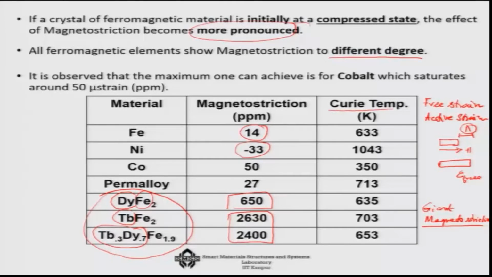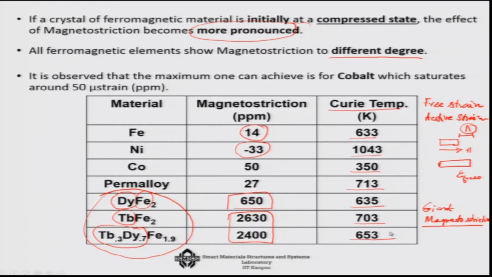The other interesting point here is the Curie temperature. If you remember, I told you that for piezoelectric materials there was a Curie temperature. Beyond that temperature, if you heat up the material, it will not show the piezoelectric property. Similar to this, for the magnetostrictive material also, if you exceed these temperatures for various materials, they would not actually show the magnetostrictive effect.